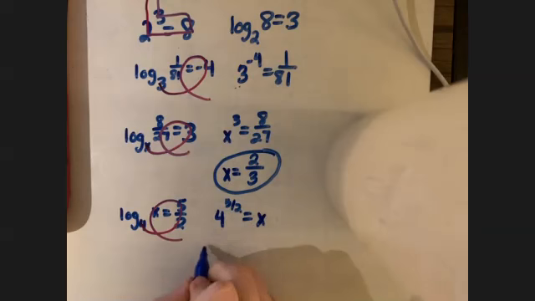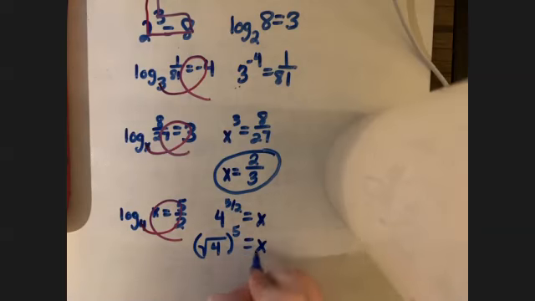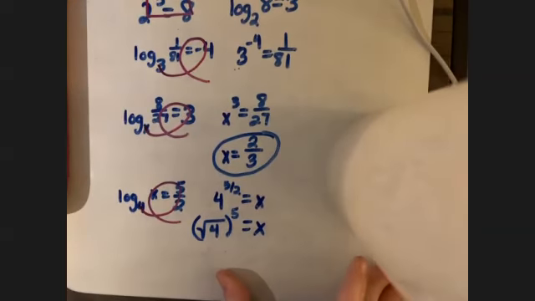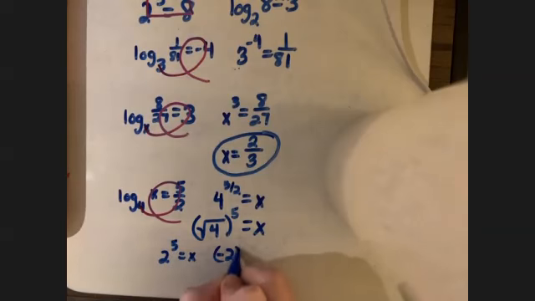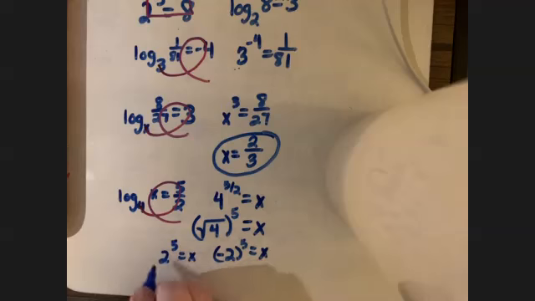Now, thinking about this, we know that that is going to be the square root of 4 to the 5th. Now, one of the things that's going to happen is when we take the square root of 4, that's going to be 2 or negative 2. So I have 2 to the 5th is going to be x, or negative 2 to the 5th is going to be x. Now, 2 to the 5th, 2, 4, 8, 16, and 32.